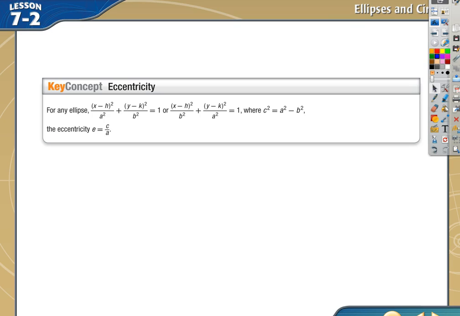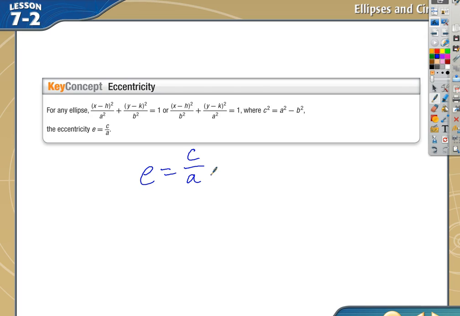What eccentricity is, okay, is if I have my ellipse, doesn't matter which one it is, I'm going to write this out bigger so that you can see it. E is equal to whatever C is divided by A. Again, remember A is the larger one, the length of half of my major axis. But what is eccentricity?